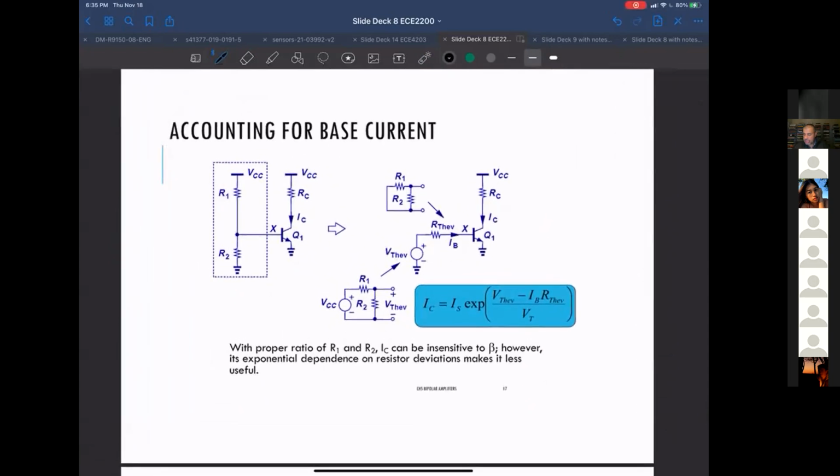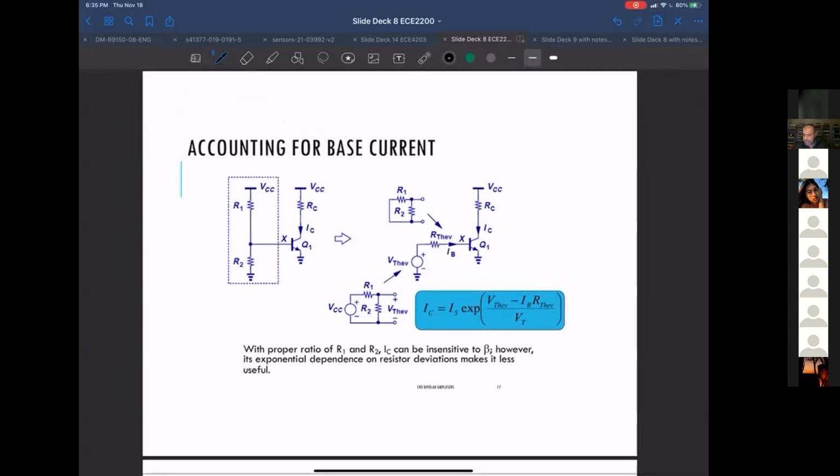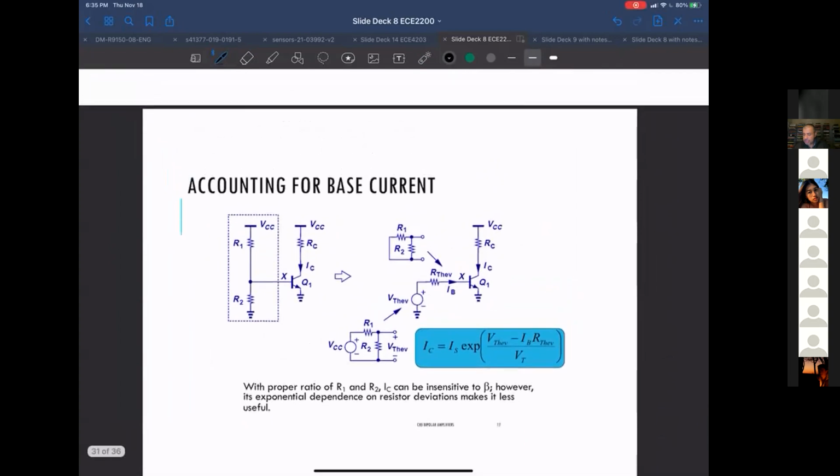We were doing a simplified analysis, just saying that by making these resistor values small, we're going to ignore I sub b. So let me jump to the punchline. This biasing circuit is better, but we still have somewhat of a problem with it, and I'll talk about one.